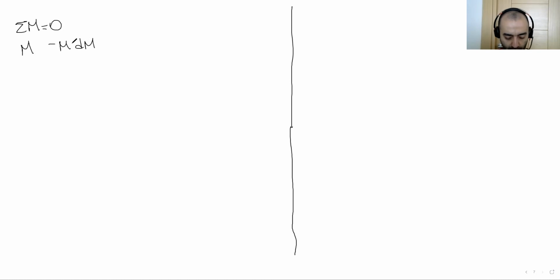If we write for the same portion of the beam the total M equals 0, we are going to write M minus M plus dM, plus q dx square over 2, plus T dx, plus dT dx equals 0.